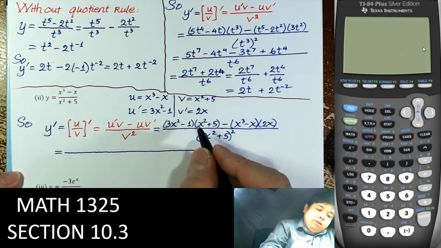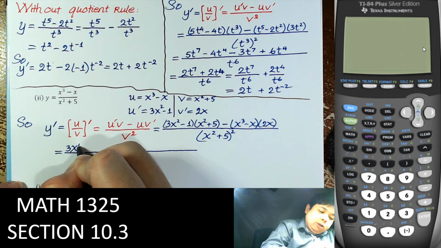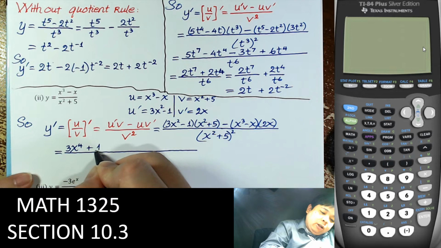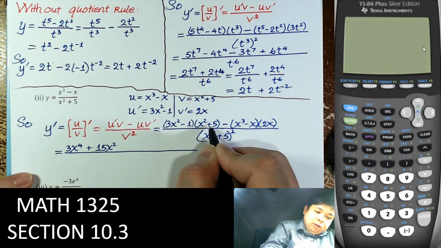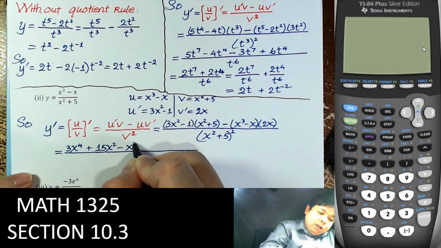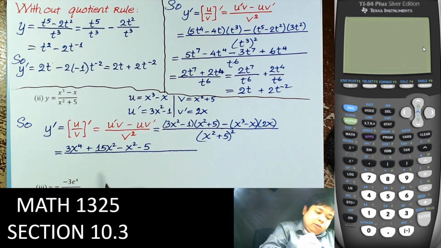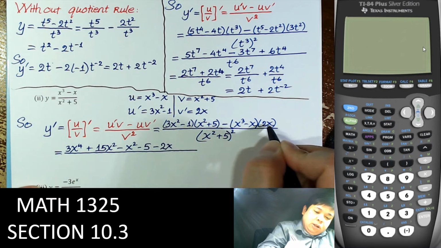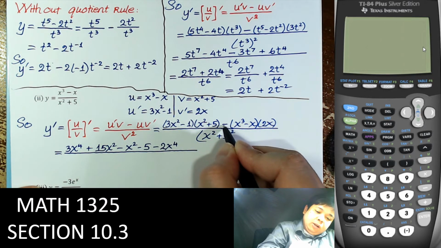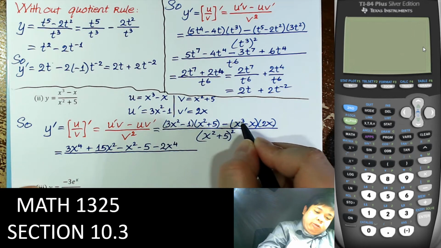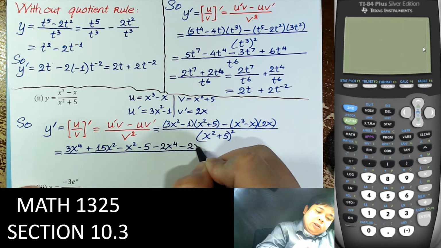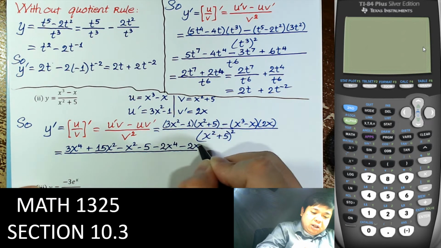Right, so that gives us 3x to the 4th plus 15x squared, minus x squared minus 5, minus 2x to the 4th. 2x to the 4th with a minus, and then 2x times that, minus 2x squared, minus that, the plus.